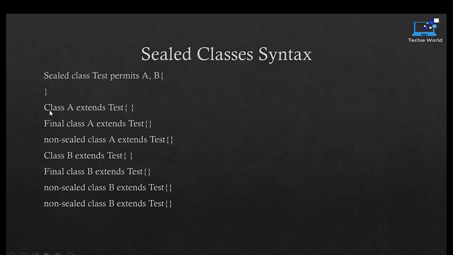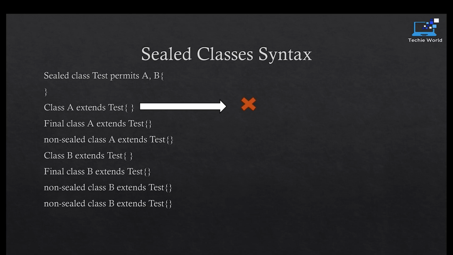No, we cannot, because any class that is used after permits, if the class is Test, then this class A and B either can be a sealed class, a non-sealed class, or a final class. That's what I told you in the previous slide. The first statement is incorrect, right? We cannot write class A extends Test.